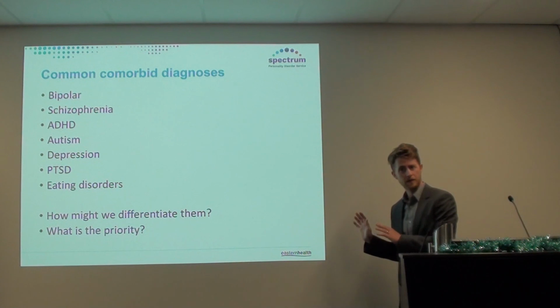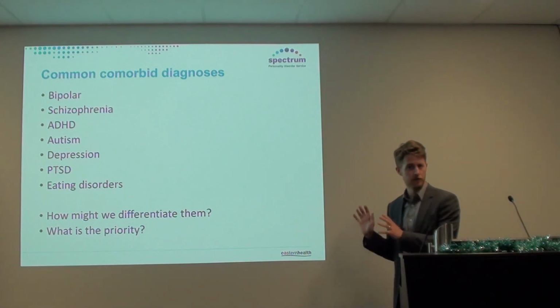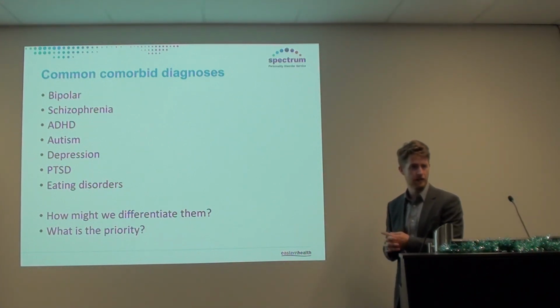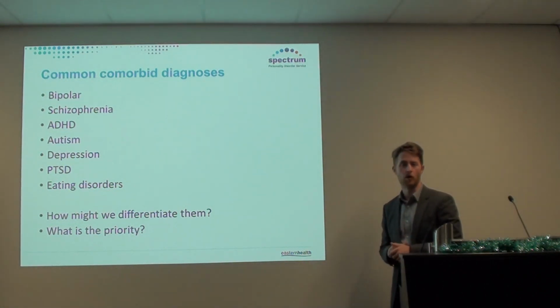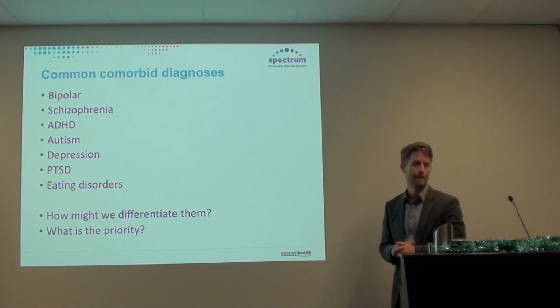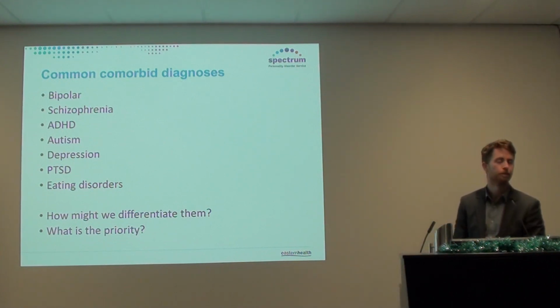Do people find that this is consistent with their experience, seeing these different disorders? Any standouts? Any ones that you think appear more often than others? PTSD. Yep. Eating disorders. Yep. Right.